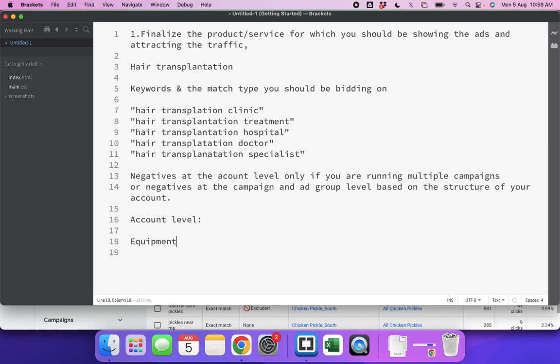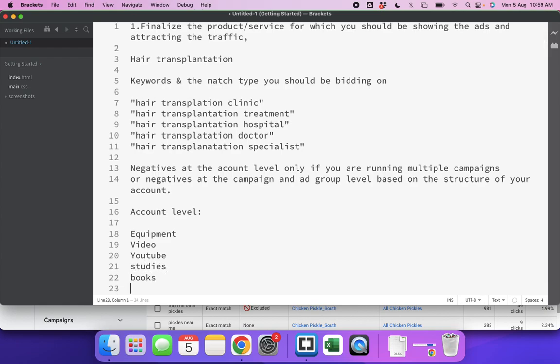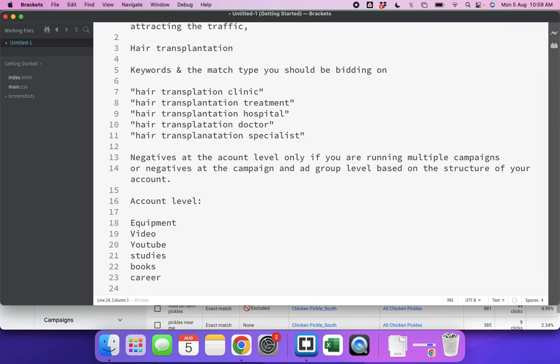Equipment, right? Videos, YouTube, correct? Studies, books, what else? Career, people will be searching how is hair transplantation career, or maybe jobs.